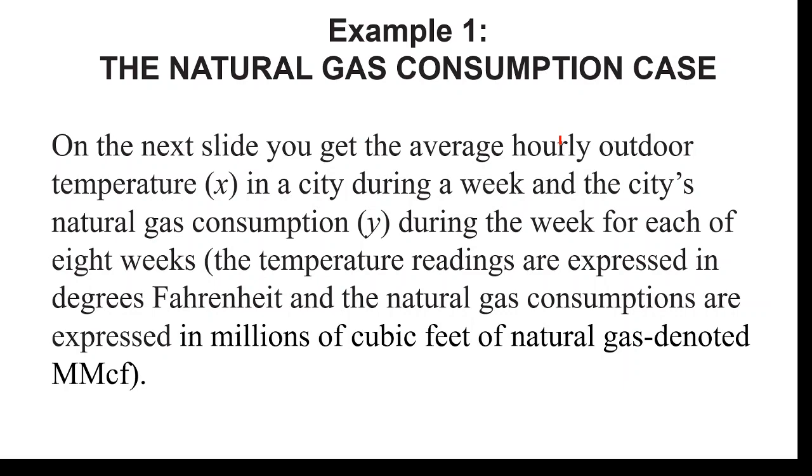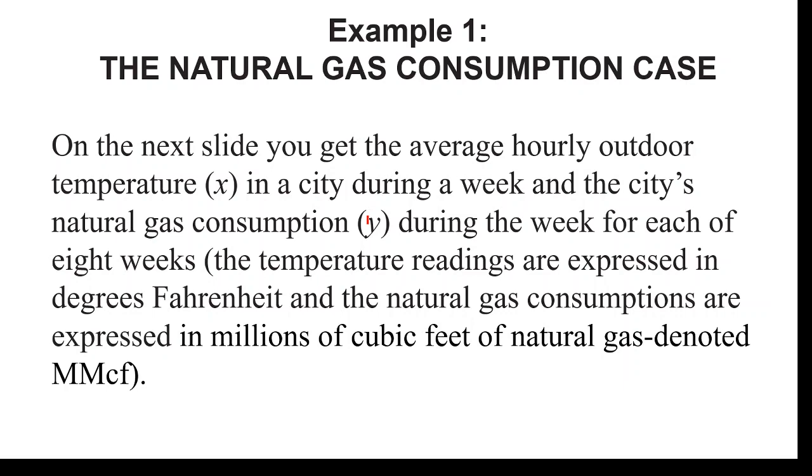On the next slide, you get the average hourly outdoor temperature in a city during a week and the city's natural gas consumption during the week for each of 8 weeks. The temperature readings are expressed in degrees Fahrenheit and the natural gas consumptions are expressed in millions of cubic feet of natural gas denoted.